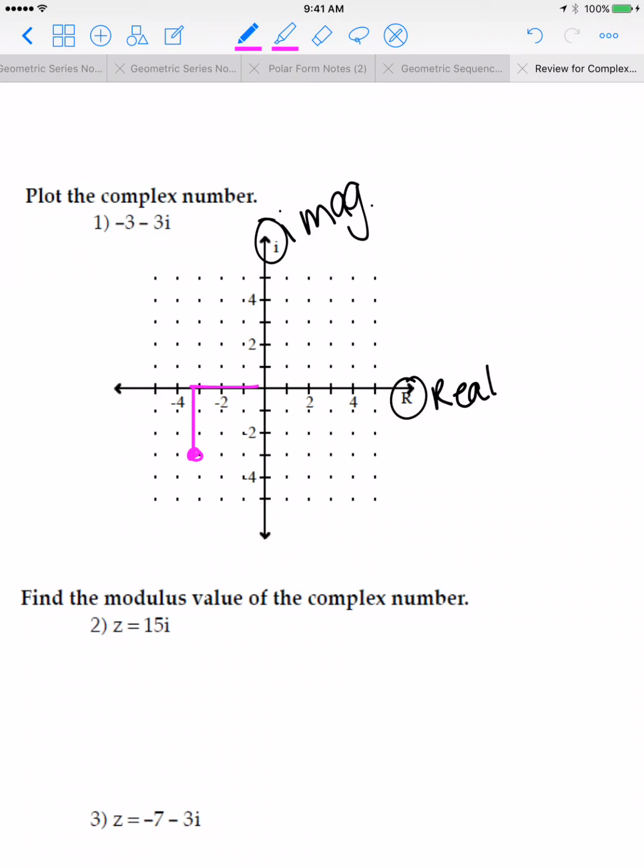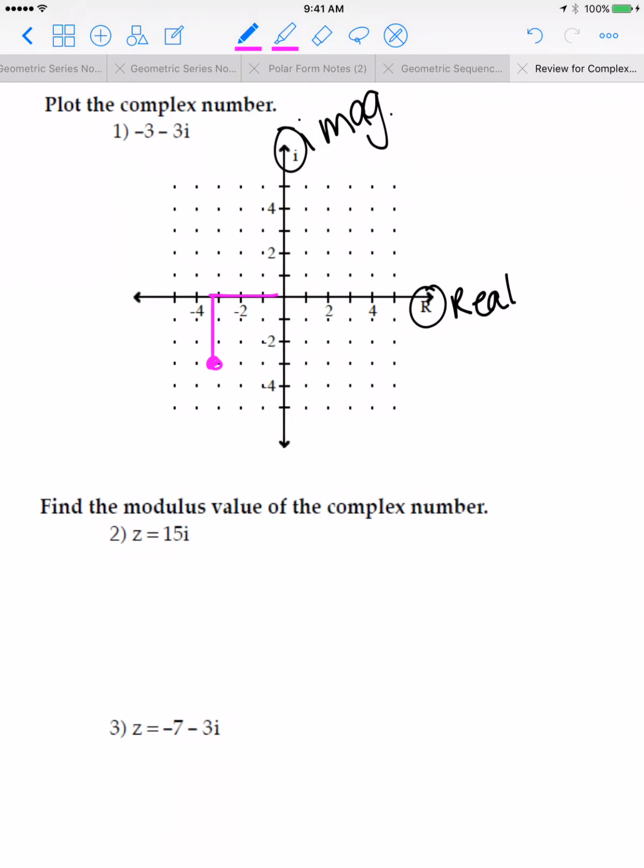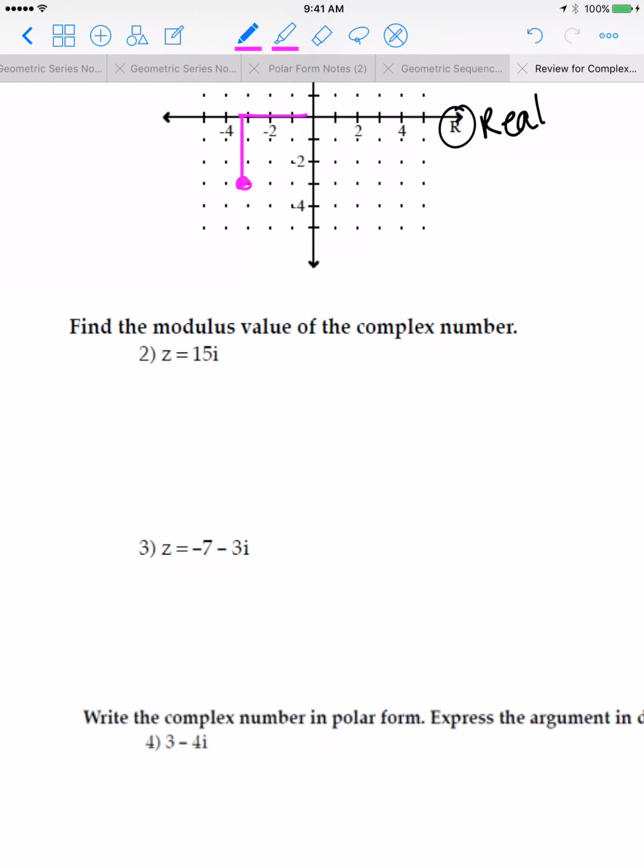So if they wanted you to draw it as a vector, it'd be like this, or if it's just a dot, like it just says to plot it, it's just a dot. Easy.